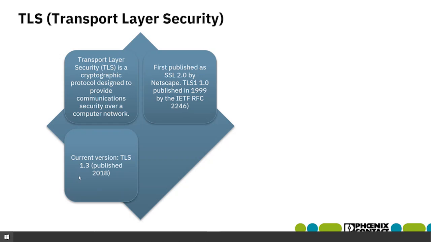So this is the latest version. And there are some very common protocols that use TLS, like SMTPS for mail, FTPS for file transfer, and HTTPS, of course, for secure access to web pages. And there are more protocols, but these are very common protocols that use TLS for that security.